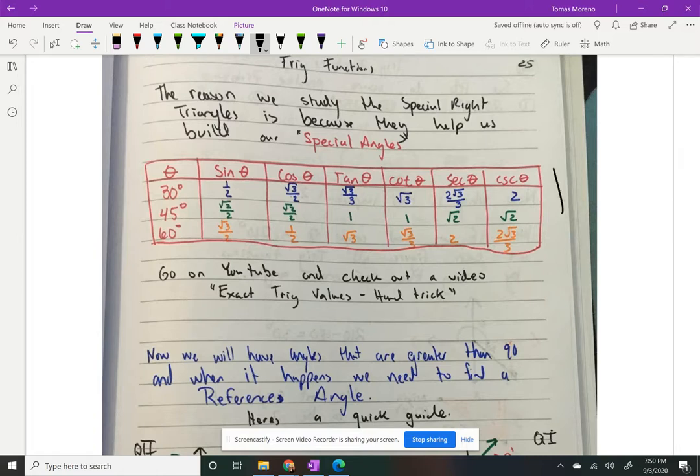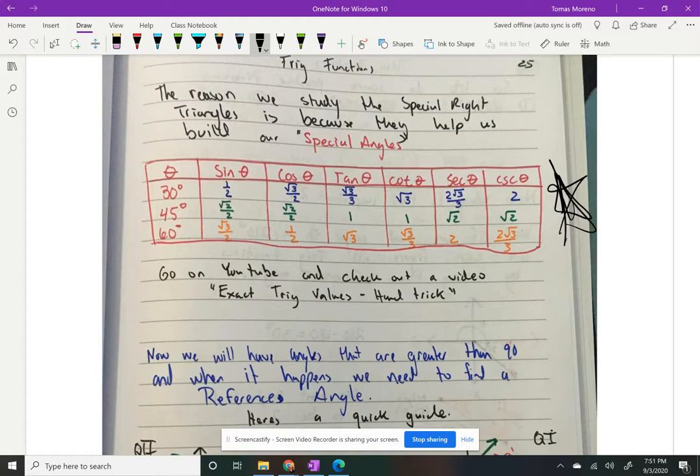This is a little chart that I made for you guys. Don't have it memorized because it's kind of hard to memorize all of them, but keep this chart handy. Bookmark this page in your notes because whether you're doing pre-cal or calculus, this is going to come up. You're going to have to find out what tan of 45 degrees is.